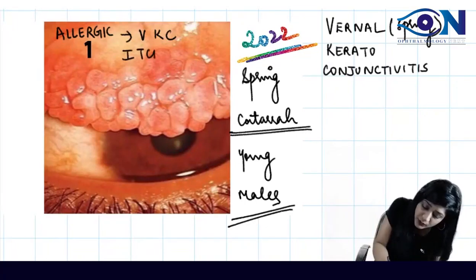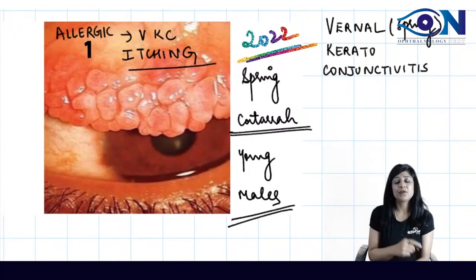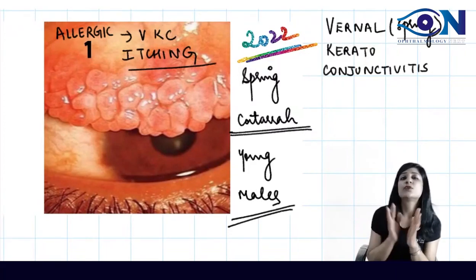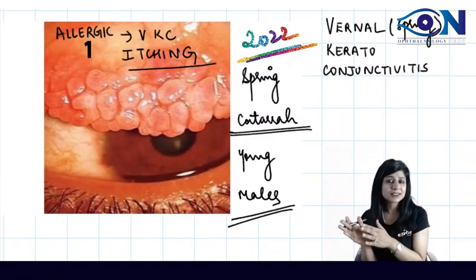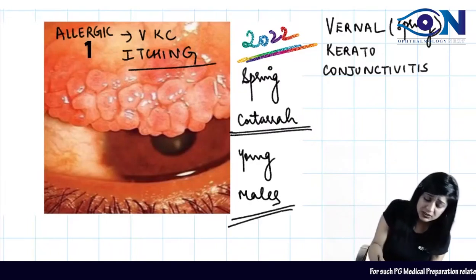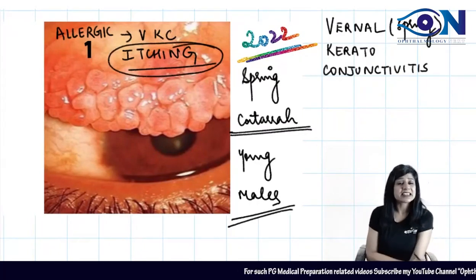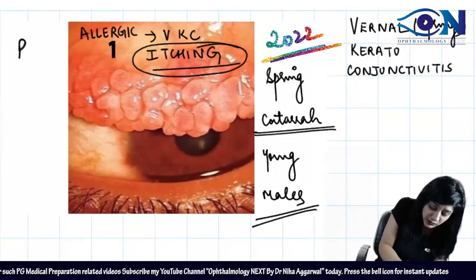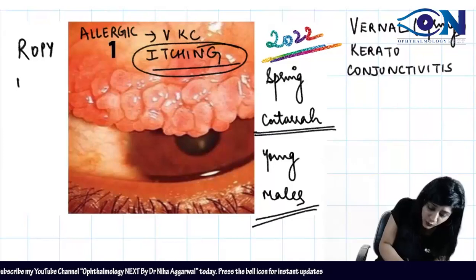Always remember, you are going to get the itching. Now, one more dictum. Whenever you are having itching in the question, always go for allergy. So itching means allergy. So this person is going to have intense itching, and a typical kind of discharge that you are going to get is the ropey discharge.